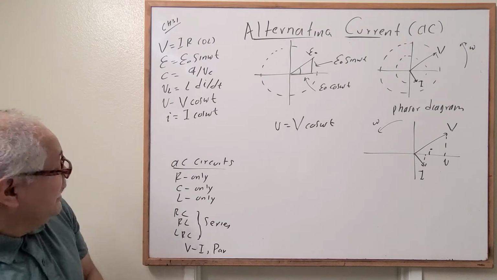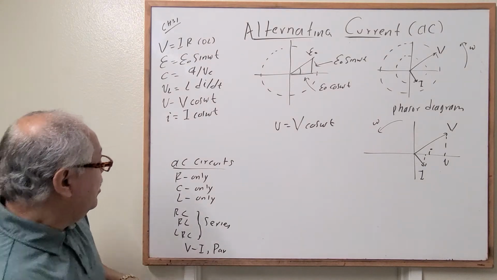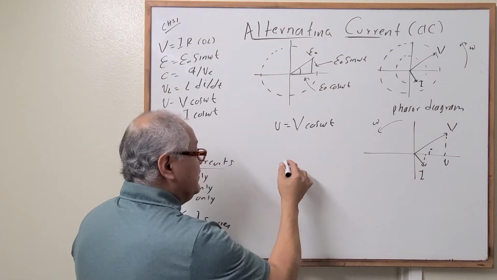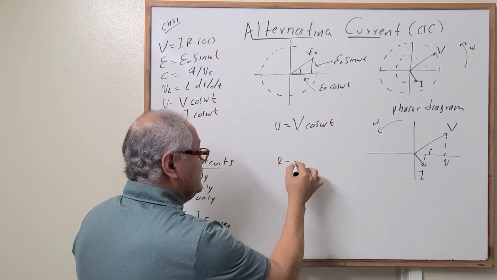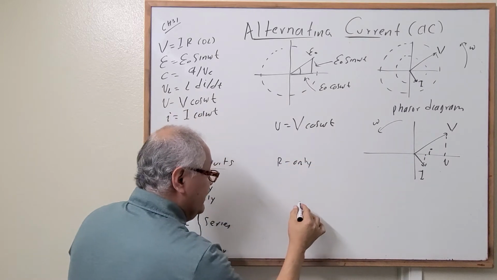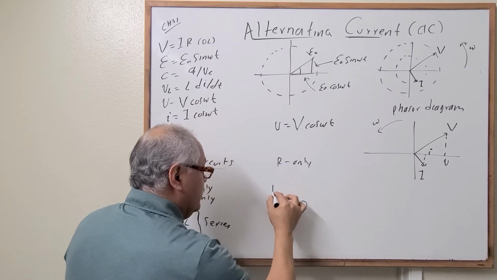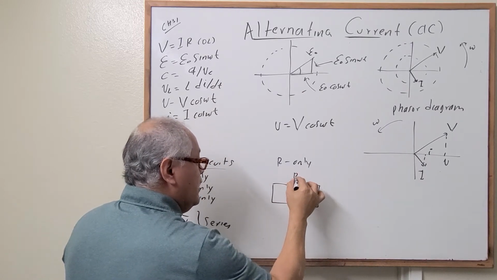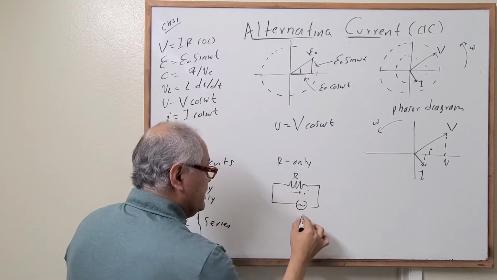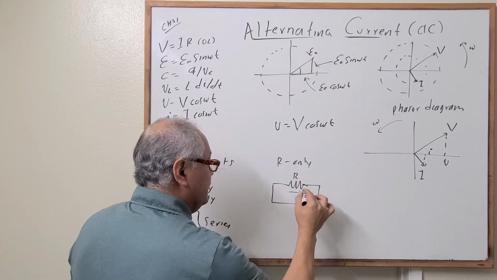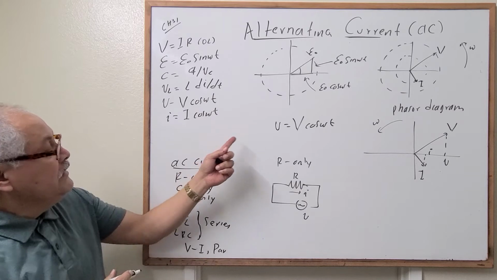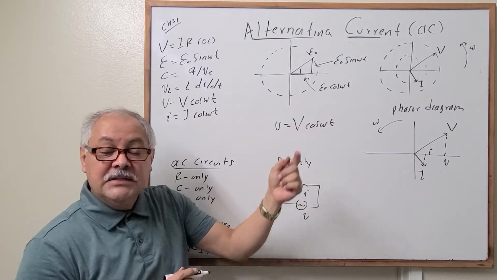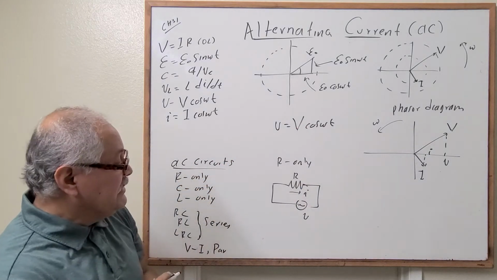Perfect. Now, let's go to, again, R only. Okay, the resistor only. For a resistor only, we have that this is the source, this is the resistor right here, and this is the instantaneous current and this is the instantaneous voltage. We know that this is the instantaneous voltage. What about the instantaneous current?